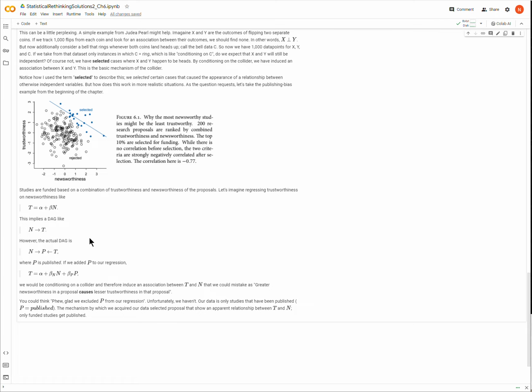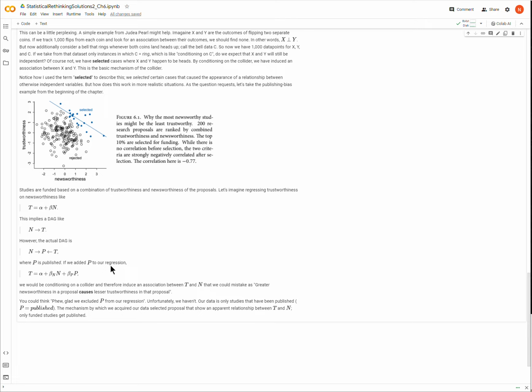Now, just to make sure that you're not mixing up different terms here, P is a published study. Something gets published. The data up here was representing funding, but only funded studies get published. That's the important part here.